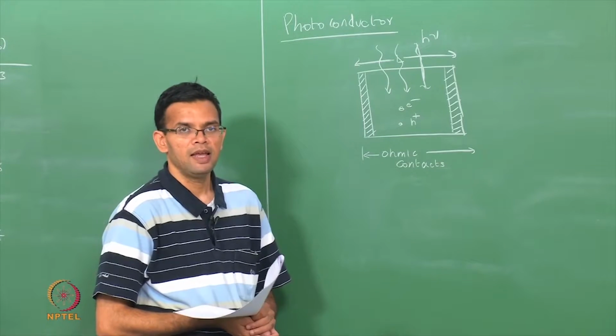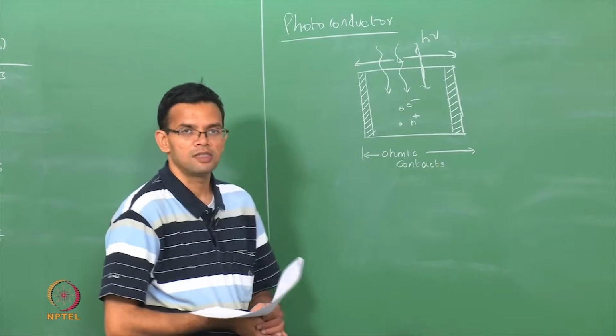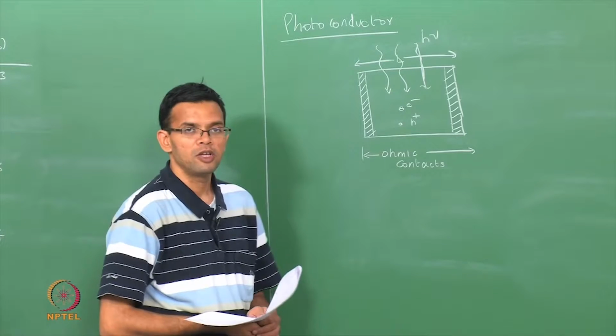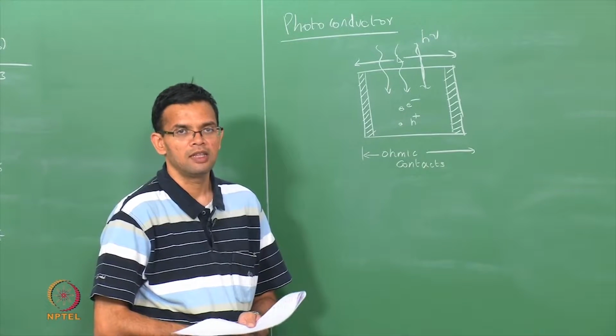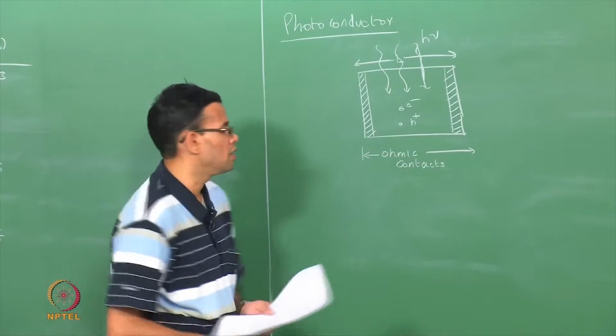If we now apply an electric field across the silicon by using your ohmic contacts, we can extract the electrons and holes and then form a current, which is your photocurrent.